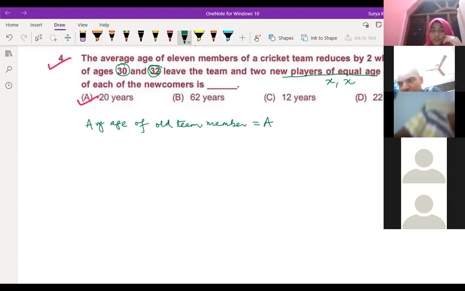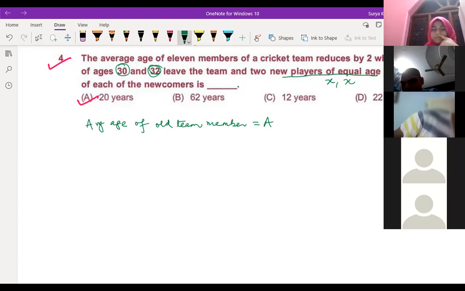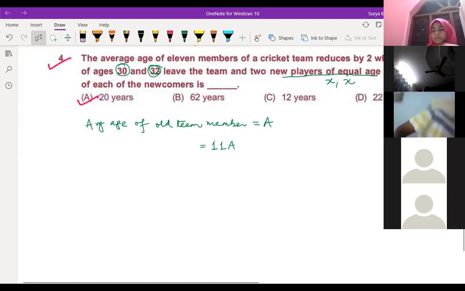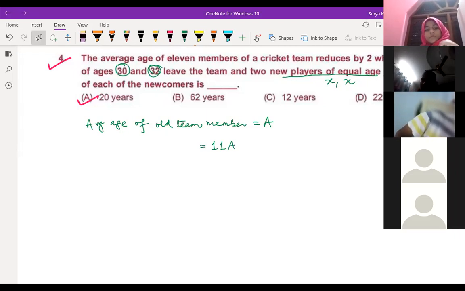Now what should we do for the total? Sir, in this you will have a lot of variables, sir. Wait. So the total average age of old members is A. It means total 11 members, so I'm writing here 11A.